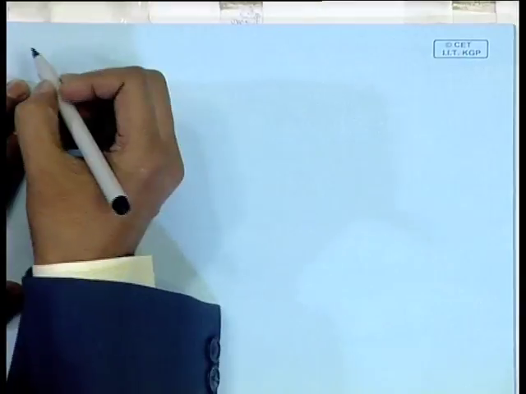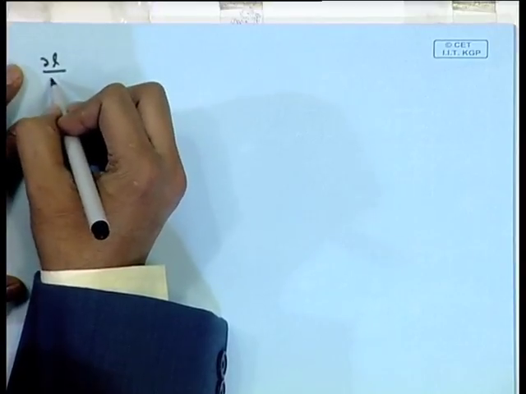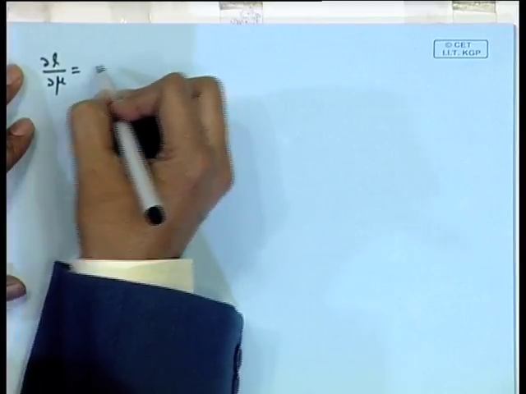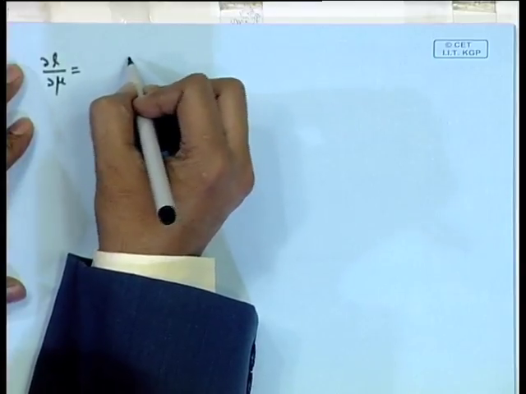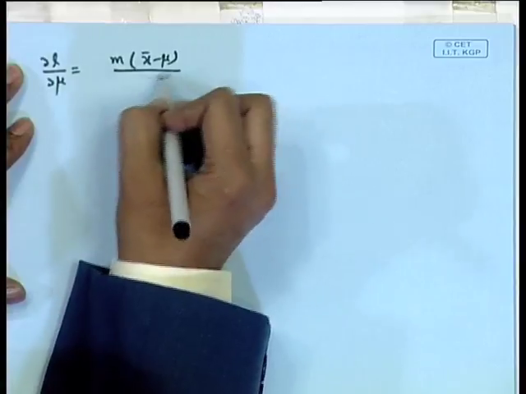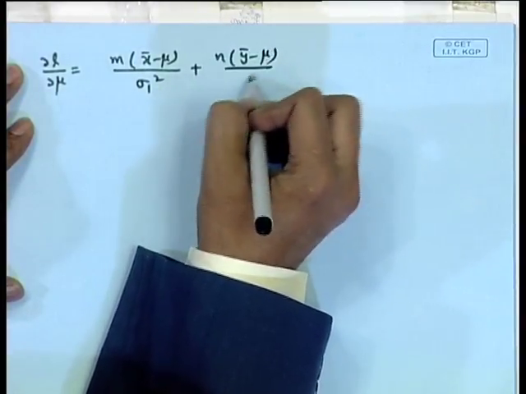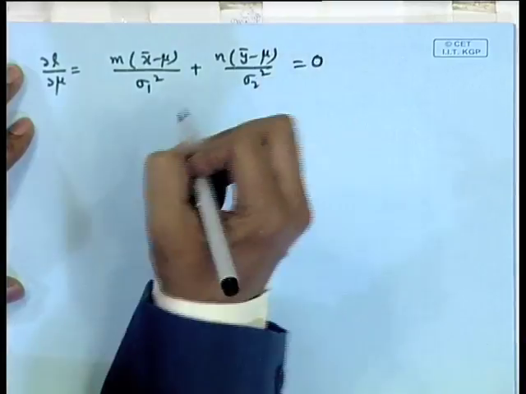So, if we consider the likelihood equations, del L by del mu equal to 0 gives us m (x bar minus mu) by sigma 1 square plus n (y bar minus mu) by sigma 2 square equal to 0.